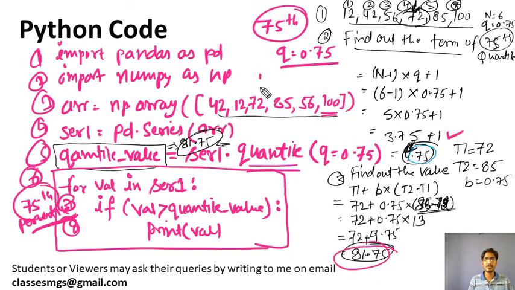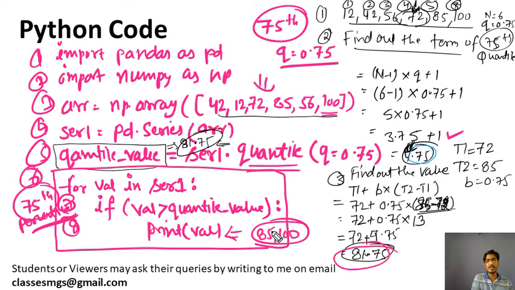We will write the code in the Python editor in the next step and see what the value for the 0.75th quantile is. It will verify our formula also. The final printed values will be 85 and 100, because these are the two values greater than the 75th quantile.